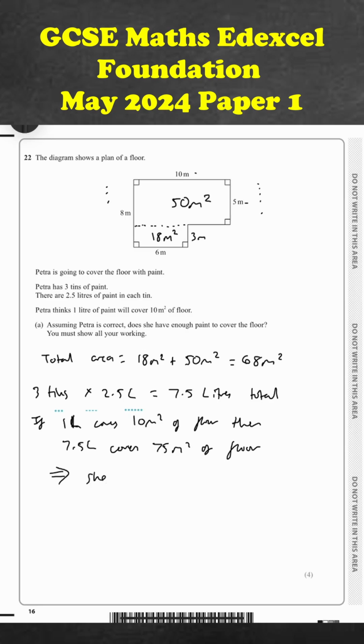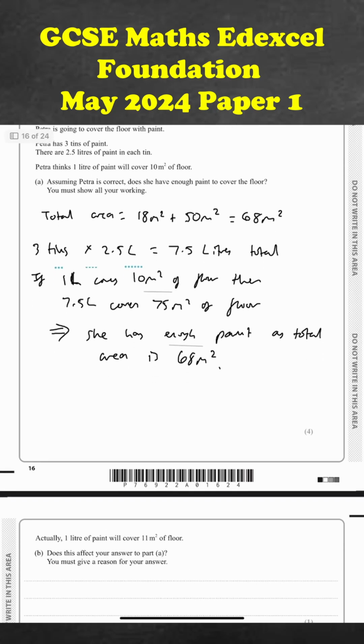Therefore, she has enough paint as total area is 68 metres squared. Apologies for my handwriting. Hopefully you get the gist. So that is absolutely fine. She has enough paint.